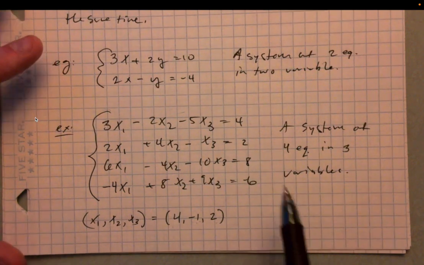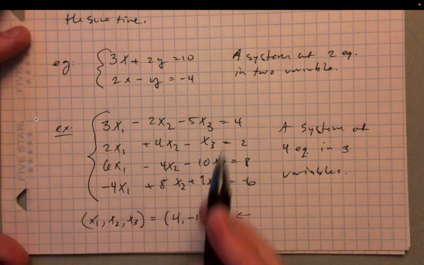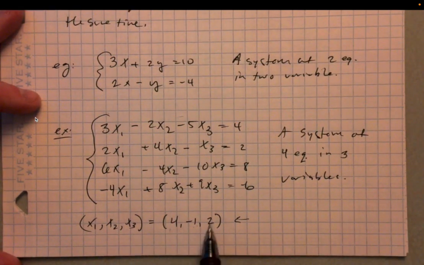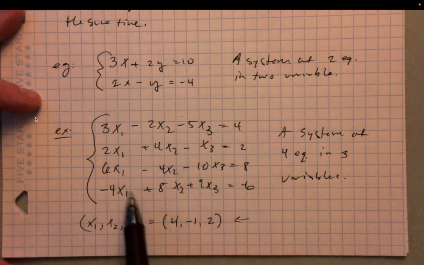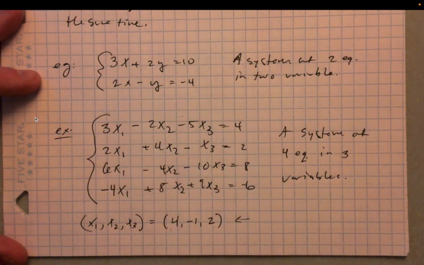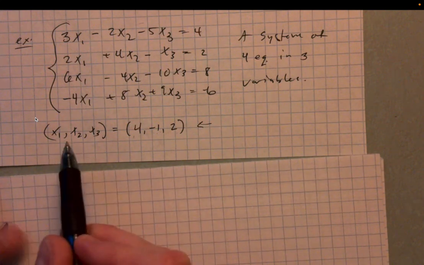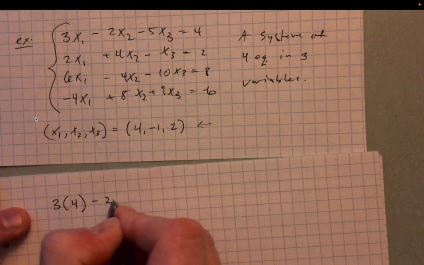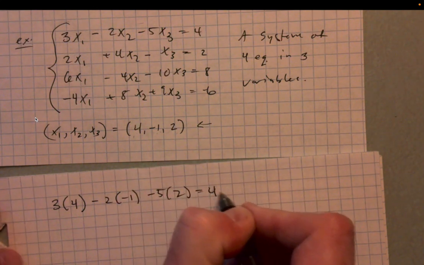Now, it turns out that this is a solution to the entire system, and what that means is that I can plug this triple into any of these equations and it will satisfy any of them. So maybe we should just try this. Let's plug in this value for the top equation. 3 times 4 minus 2 times -1 minus 5 times 2 equals 4.